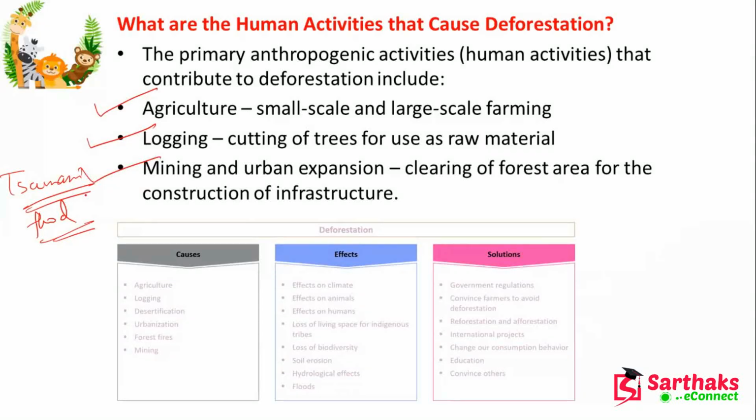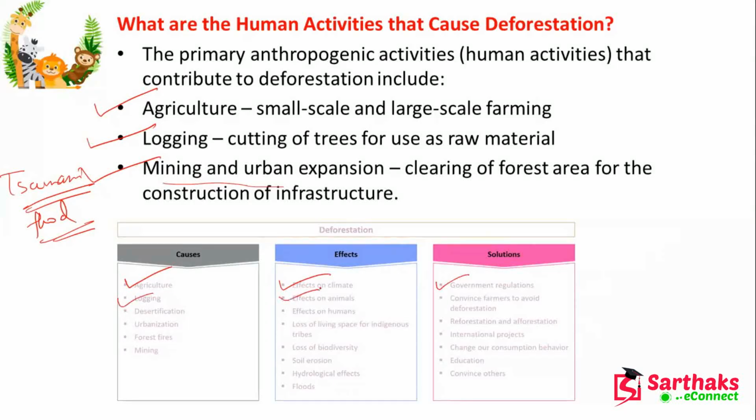If we detect that there is some very precious amount of precious metals, we do mining and urban expansion. If we expand agriculture, that will affect the climate. There is some government regulation.